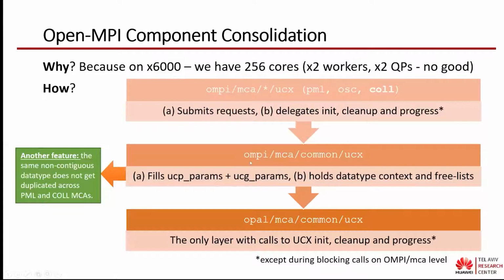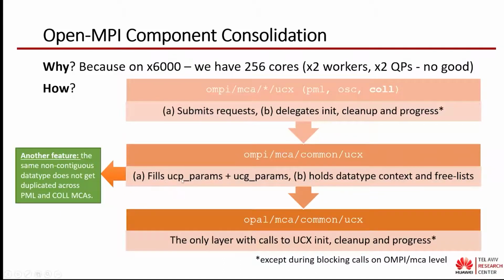I created a new component in OMPI MCA common, because Opal is too low for data types. Nobody in Opal knows about data types and packing and unpacking. So in common, I transferred most of the code from PML UCX which has to do with data types, and also free lists.